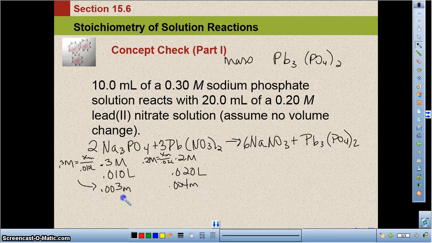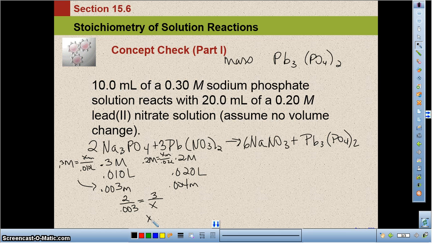I do my mole to mole ratio. I say if I use up all my Na3PO4, which is 0.003 moles, and my coefficient for that is 2. My coefficient for the lead 2 nitrate is 3. How much lead 2 nitrate would I need to react?